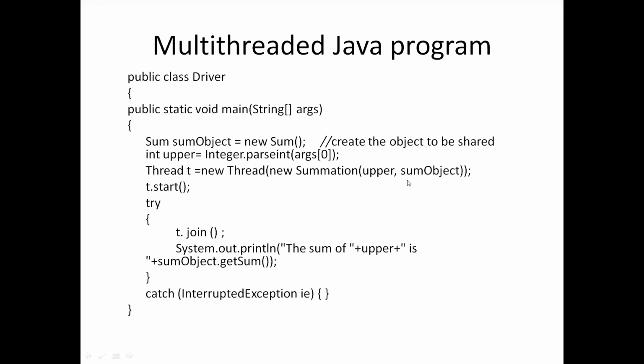We created the thread object by using this statement: Thread T equal to new Thread of new Summation of upper comma sum object. Here we are passing upper and sum object to the Summation class. We are invoking the Summation class constructor and creating the thread object.